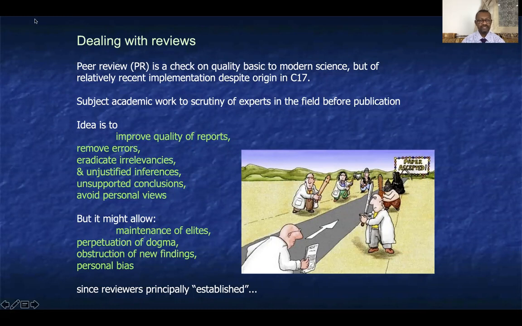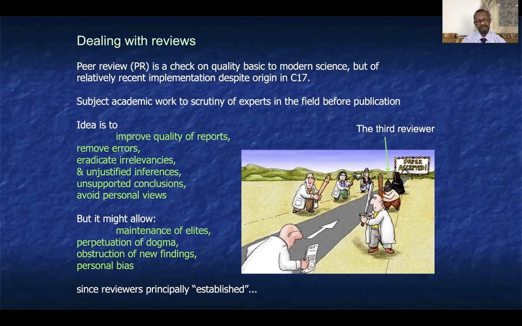So, how to deal with the reviewers? In this figure, this is the manuscript writer and these are the reviewers, and at the end of the way this paper can be accepted, at the final stage. Peer review is a check of quality basic to modern science, but a relatively recent implementation despite its origins, okay?